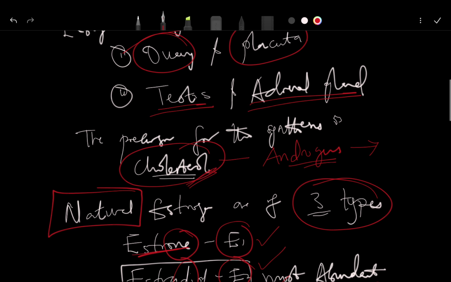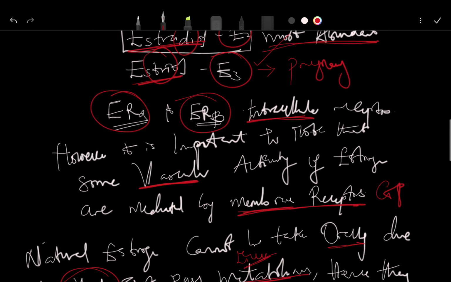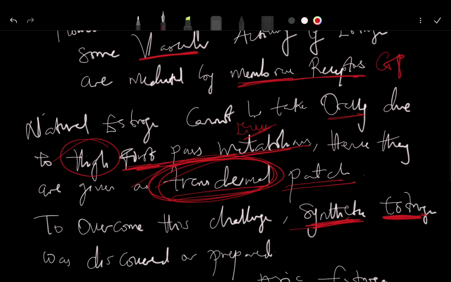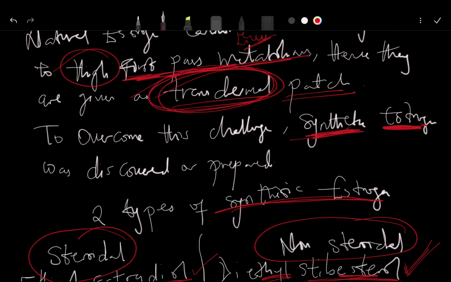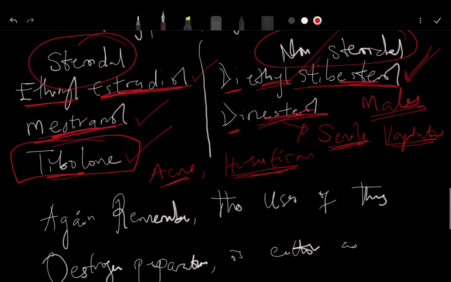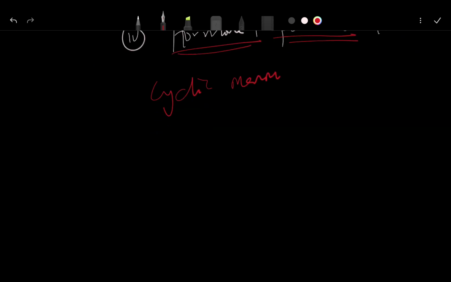We've seen that there are three main natural estrogens, and their limitation was that they cannot be given orally, so we opt for the synthetic estrogens, which are either steroidal or non-steroidal.